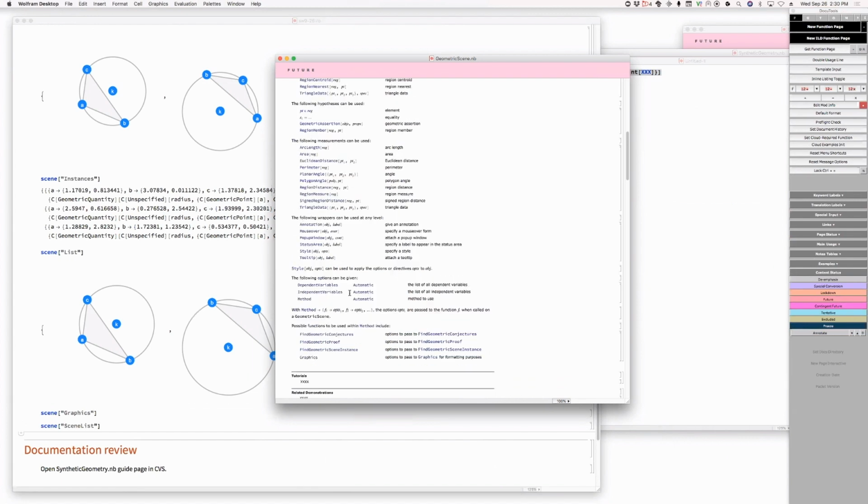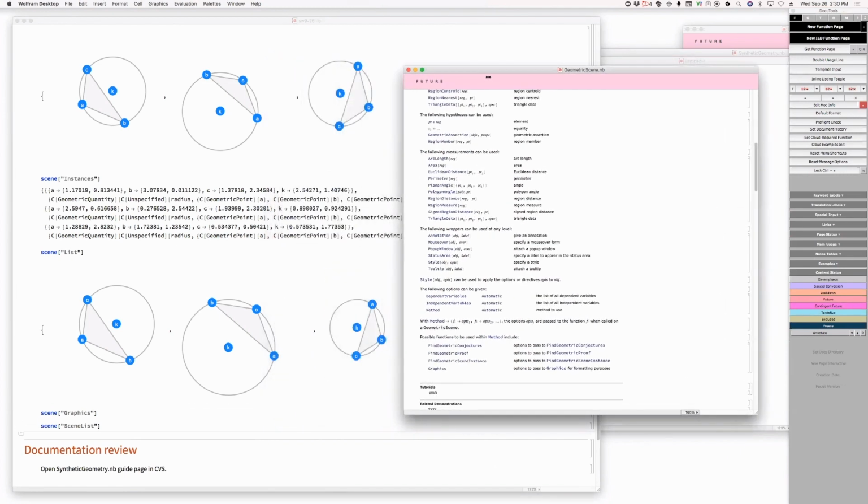The first list will be the list of abstract points. The second list will be the list of abstract quantities. Well, I'm sorry, what does possible functions to be used within method include? That's really weird. I've never seen us do that before. I have not seen this before. That seems awfully weird.